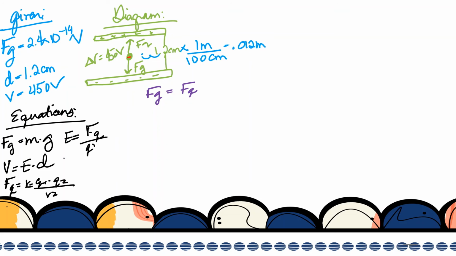And here I see, well, the force of the charge is E times Q, but I don't have E, I have V and D. So here I see that E equals V divided by D. So now F of Q equals E, which we said is V divided by D, so V divided by D times the charge Q. And they already gave us Fg, so we don't need to put the equation in.